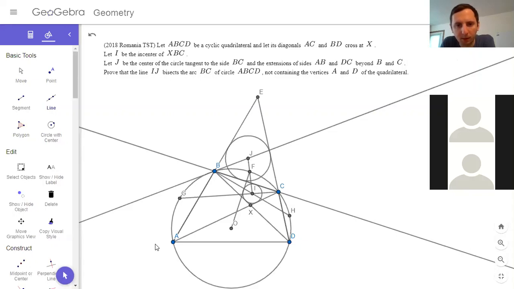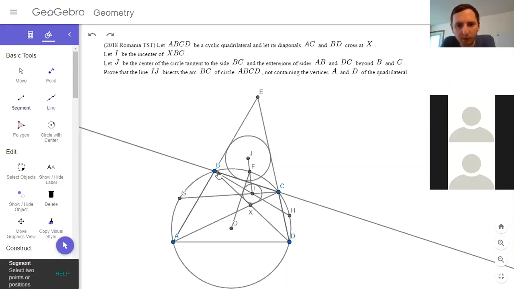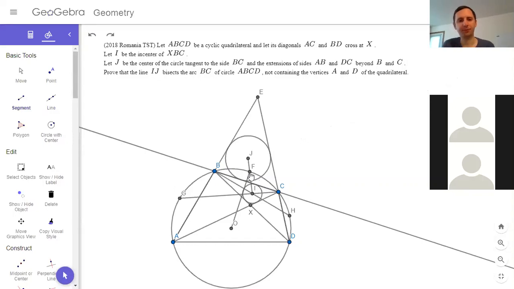Yeah, one other thing I found: angle BAF is equal to angle FBC, since F is the midpoint of that arc, I guess. Yeah, we're trying to prove F is the midpoint of the arc, so we don't know it yet. But yeah, if we could prove that, that would solve the problem.